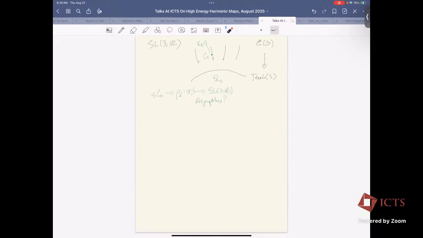Okay. So there are two ways of measuring, there are two measurements associated to this ray SC0.